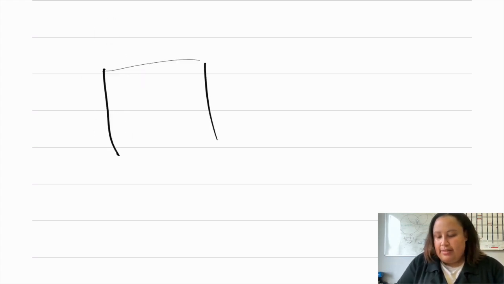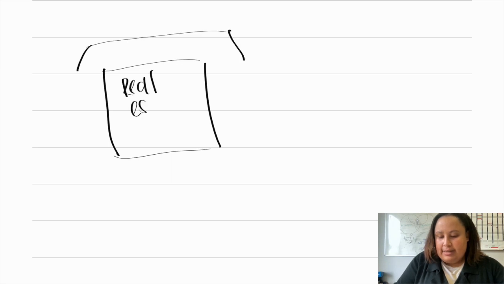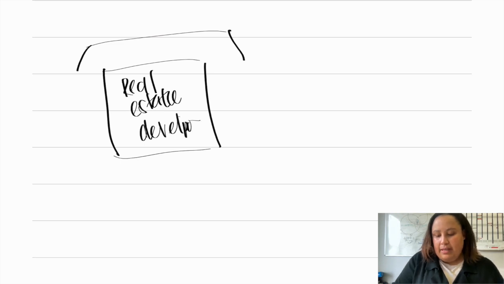For our first example, we're going to look at a real estate developer that is selling a building to a customer. Let's say this is the entity, a real estate developer, meaning that this entity is constructing buildings and then selling those buildings to customers.